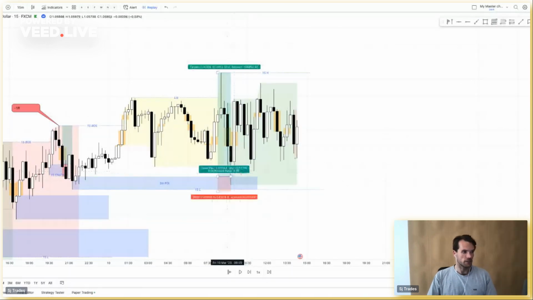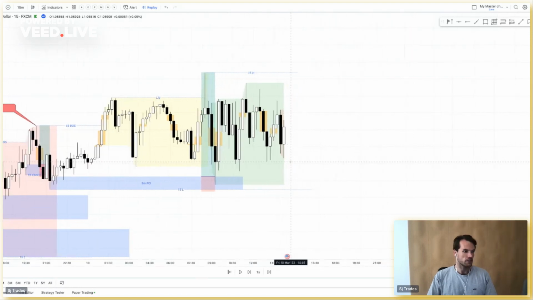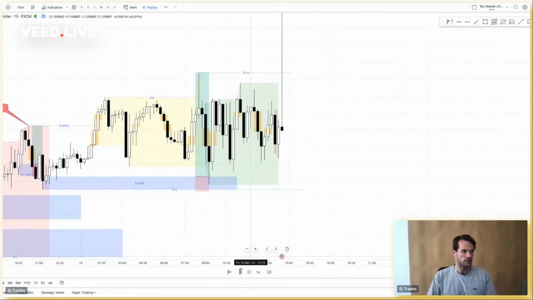Yeah, this would have been tricky. I think if I was in this, potentially would have taken some profits and moved my stop onto this wick, or just closed that completely. Non-farm payroll, say it dumped, can cause a lot of slippage.